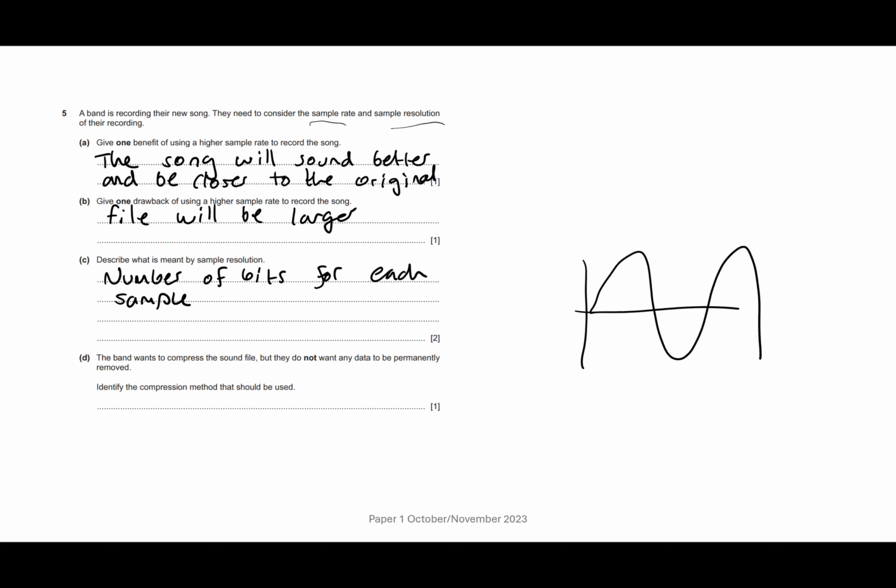So there's our sound here, and what we do is we take our samples. So those are our samples, and we can have samples going down here as well. Each of these samples will be a binary number that will be a certain number of bits. So for example, that one could be 000, for example 001, and so on.